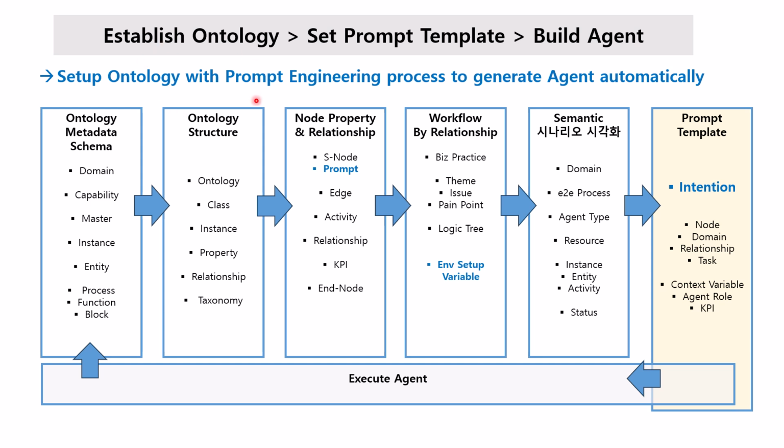So the approach and process of establishing ontology looks like this. This is not very much different from the existing legacy approach, but the only difference is that ontology provides a kind of meaning to the data through the relationship and the property. So for implementing an ontology system, we may gather and go through the concept of metadata schema. It may contain information like domain, capability, master data, instance, and so on.